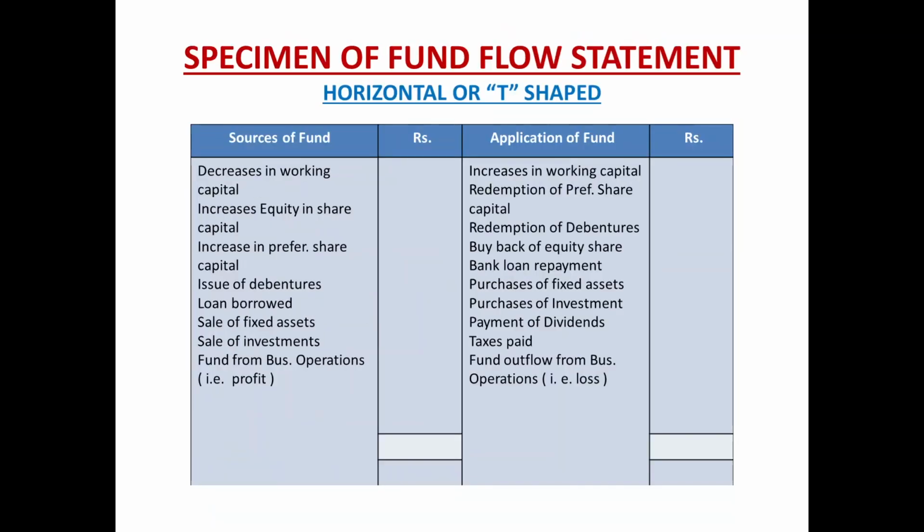See, the horizontal format looks very small. But to reach the total of this fund flow statement, the process is very long. Once you complete that lengthy process, you will reach the total of this fund flow statement, which must be the same on both sides, sources of fund and application of fund.